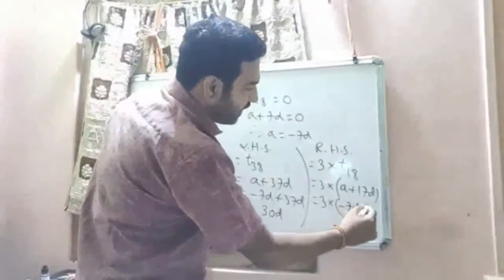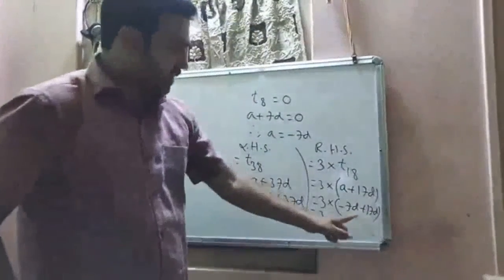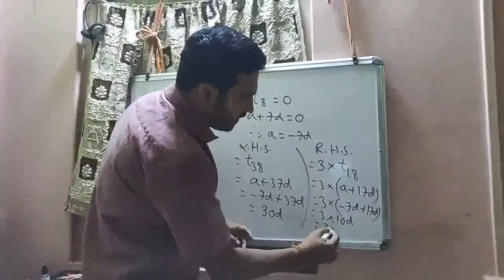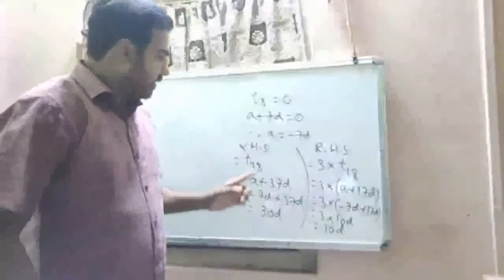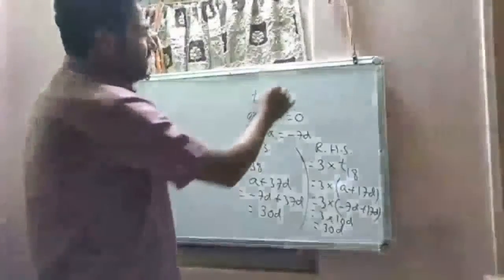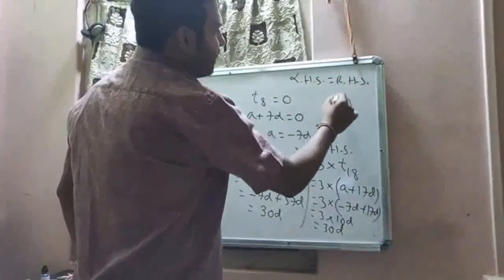Minus 7D plus 17D. So 3 into 17 minus 7 is equal to 10D. 3 tens are 30D. So you just observe, the left hand side and right hand side are equal. That means LHS is equal to RHS.